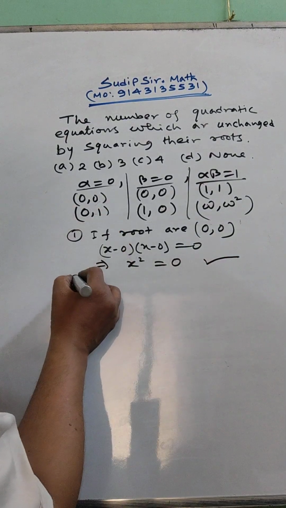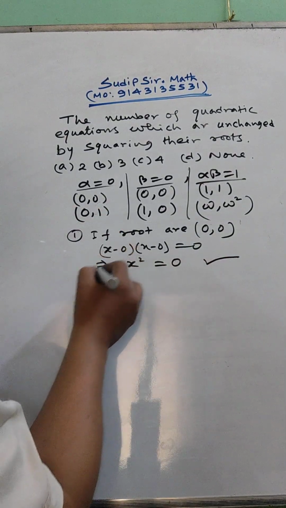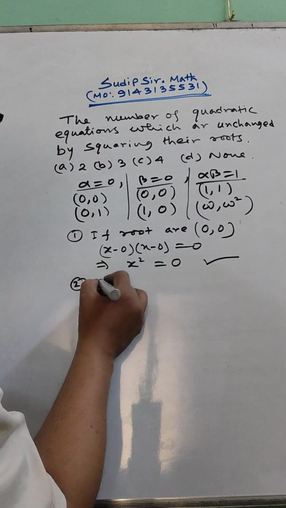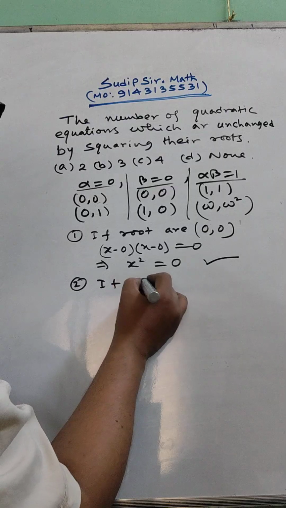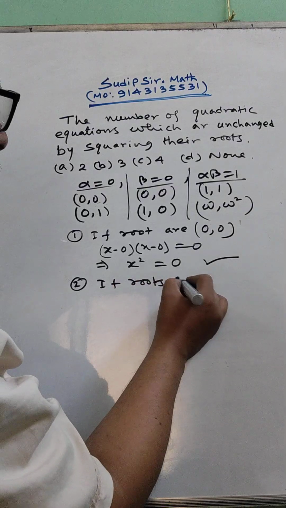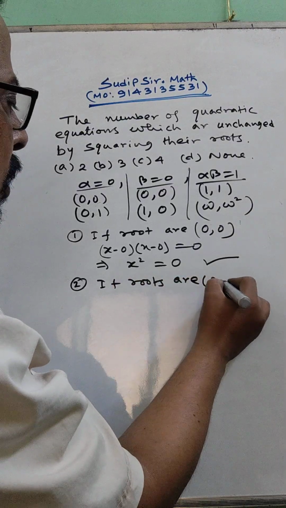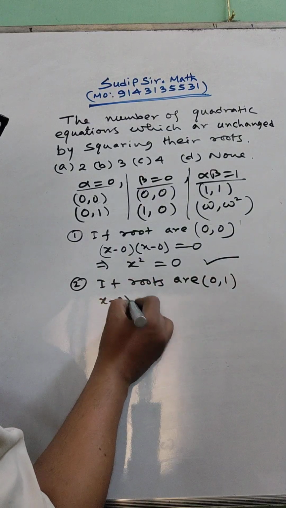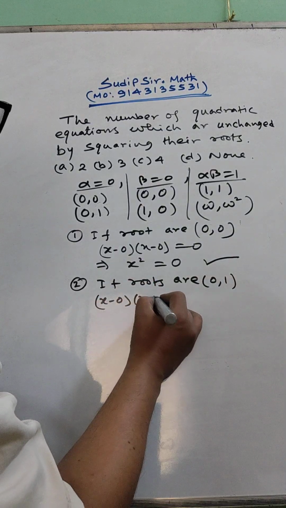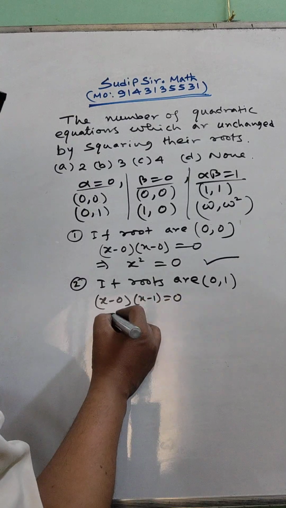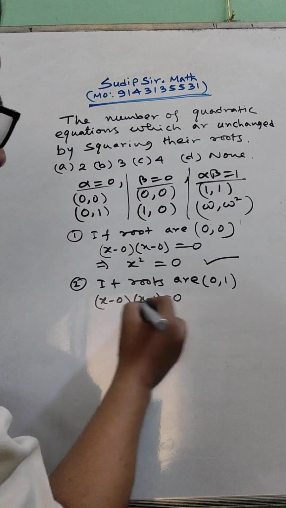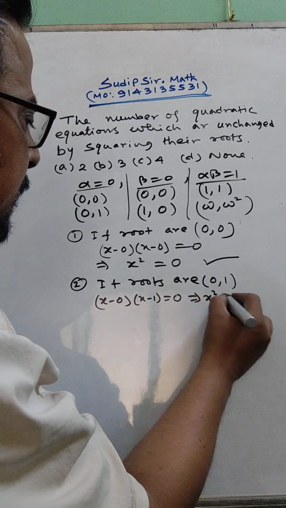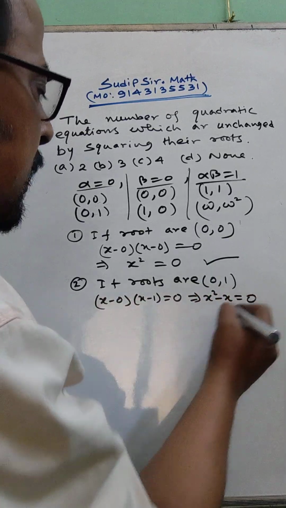Now number 2, if roots are 0 comma 1, then the quadratic equation will be x minus 0, x minus 1 equal to 0, that is simply x square minus x equal to 0.